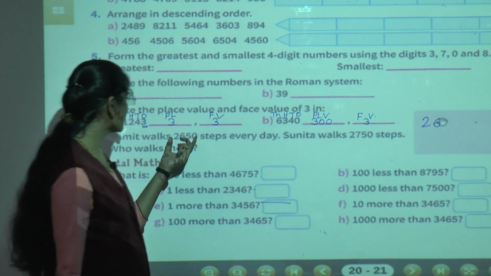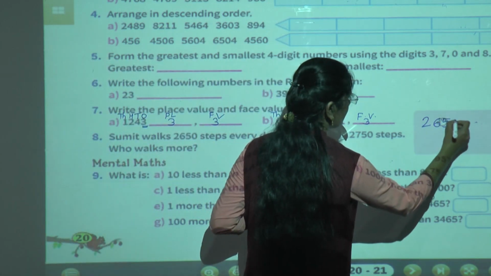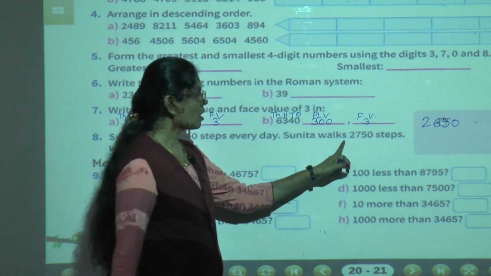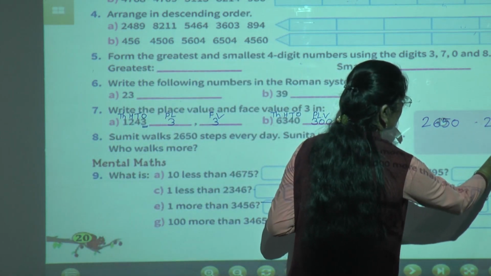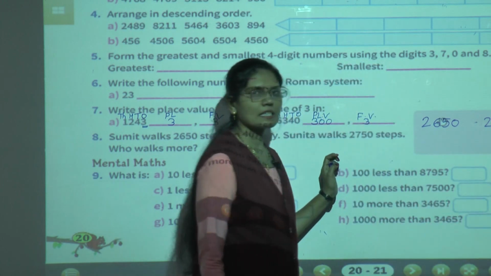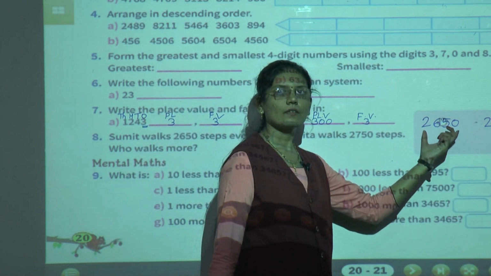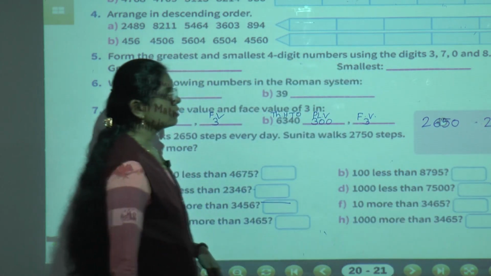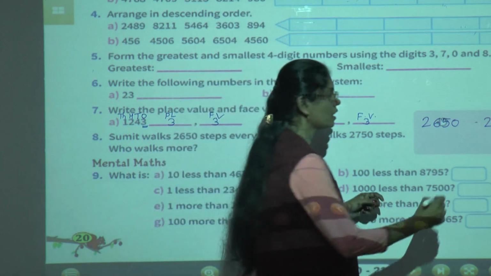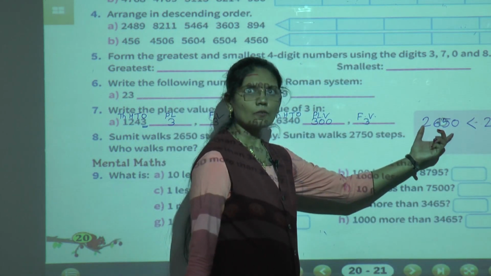Sumit walks how many steps? Sumit walks 2650 and Sunita walks 2750. Now students, tell me which number is greater, 2650 or 2750? So 2750 is greater than 2650.